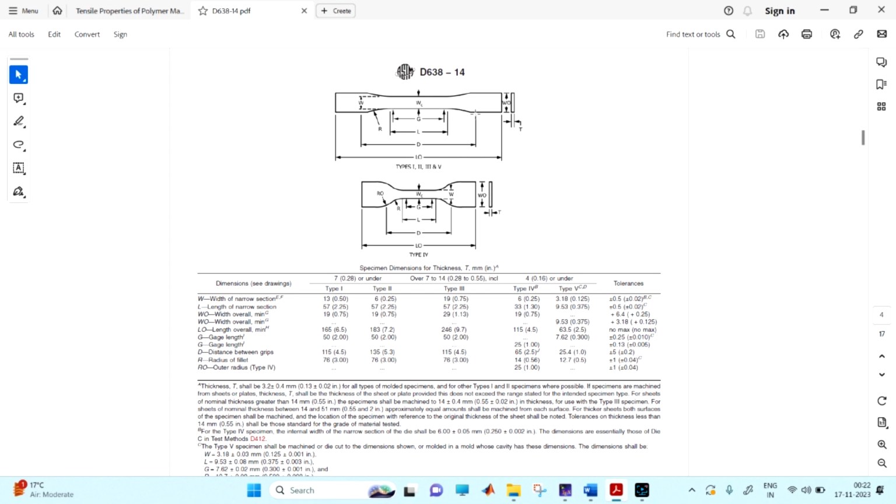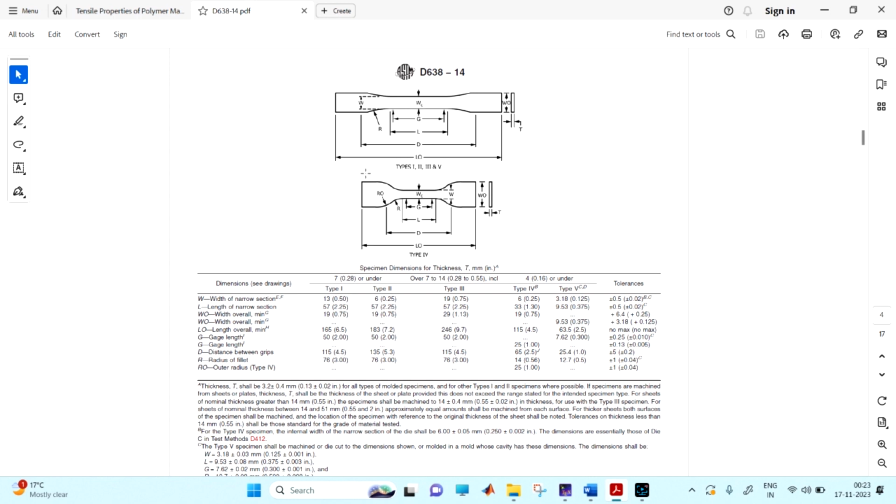From here you can see that they are using dog bone shapes. They have mentioned the gauge length G, the overall length, the width at the higher width, and the width at the narrower cross section.